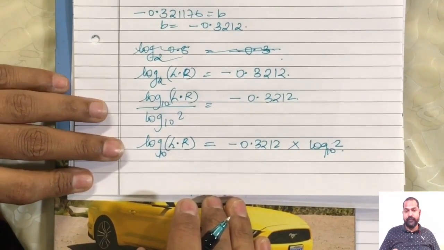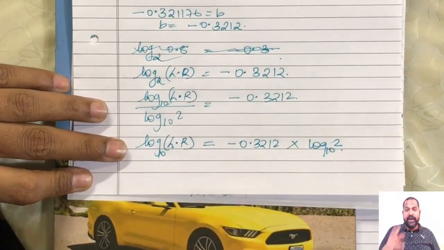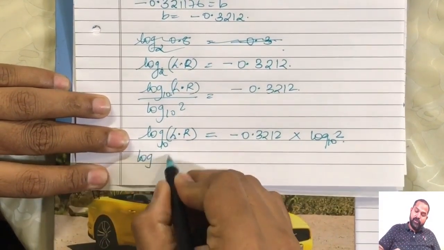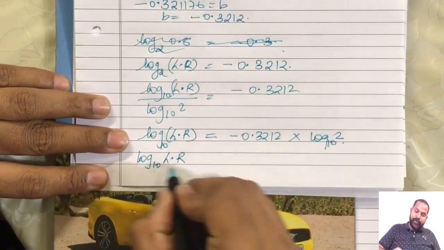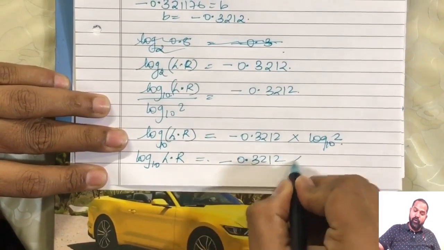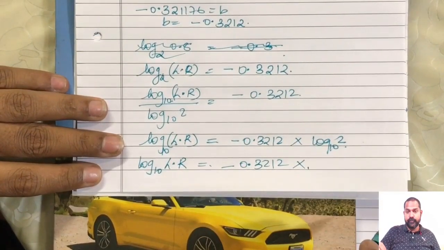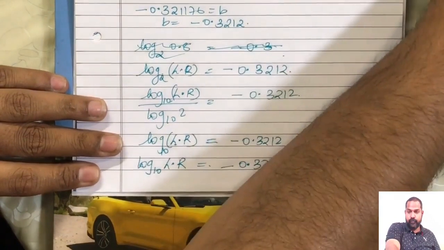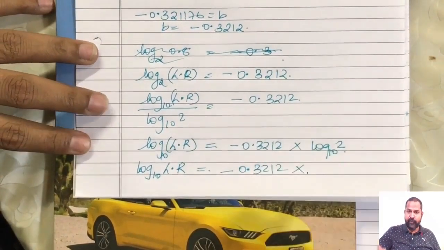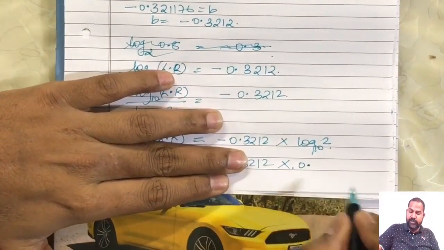Cross multiply. Log of the learning rate to the base 10 is minus 0.3212 multiplied by log of 2 to the base 10. Is that correct? Yes. What is log of 2? One place before the decimal, 0 point.